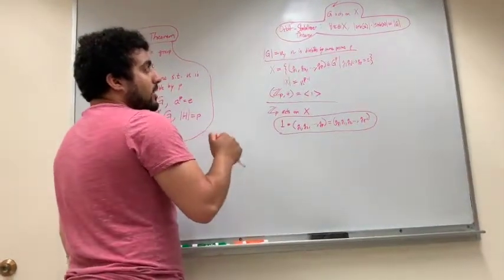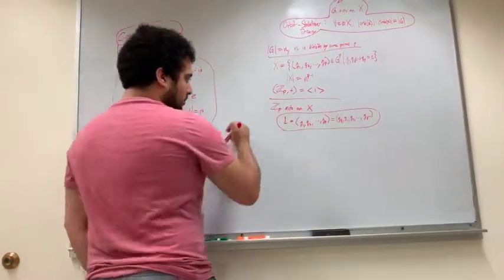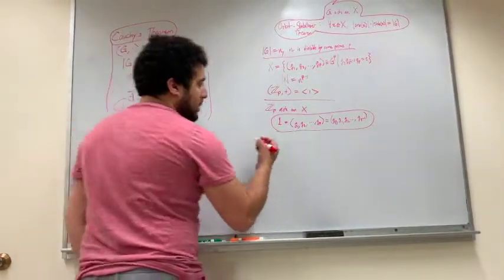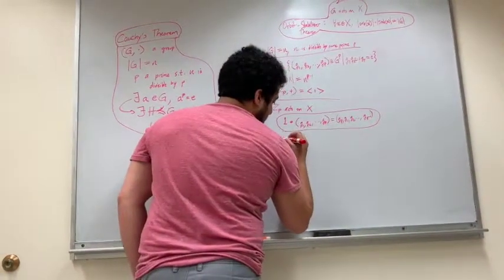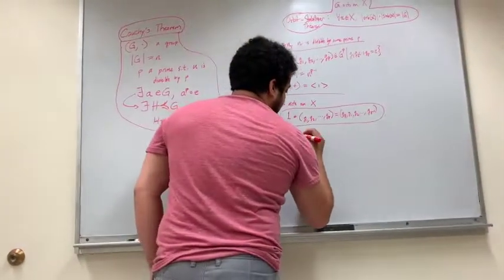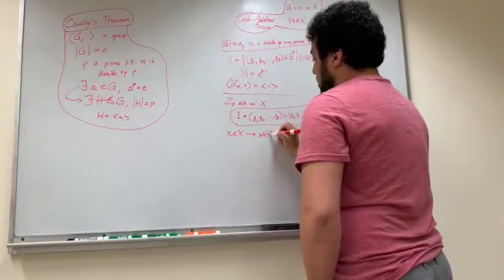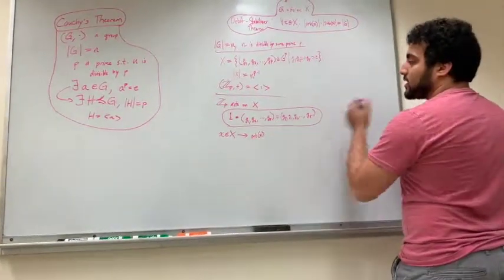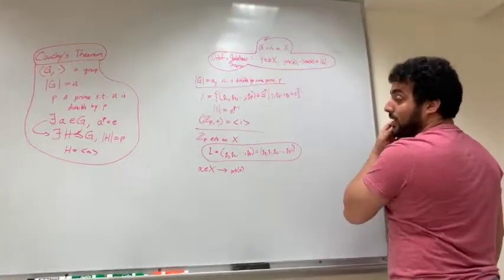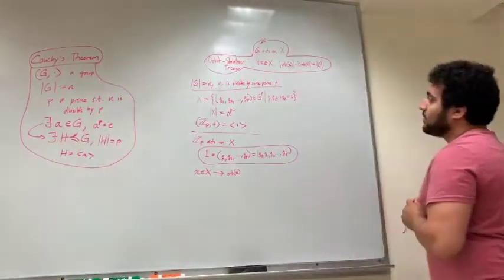Now we're going to ask about the orbits and the stabilizers of elements. First of all, take some element little x in our set, and it has some orbit of x. What are the possible sizes of this orbit, given what we know from the orbit-stabilizer theorem?